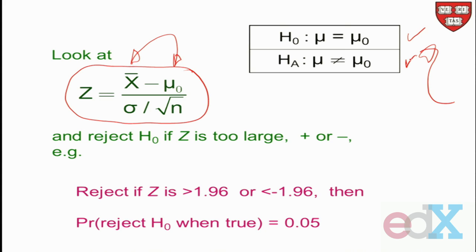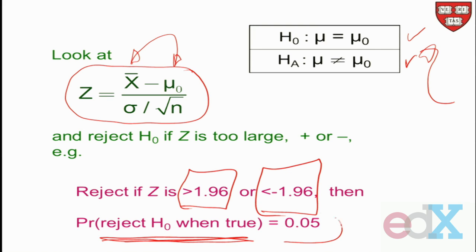Other than that, we'll go with the alternative, which means that we'll reject if it's bigger than 1.96 or less than minus 1.96. And so we run the risk of rejecting it when it's true of 0.05. So our alpha is 0.05. So there is the generic setup for testing a two-sided hypothesis about the mean.